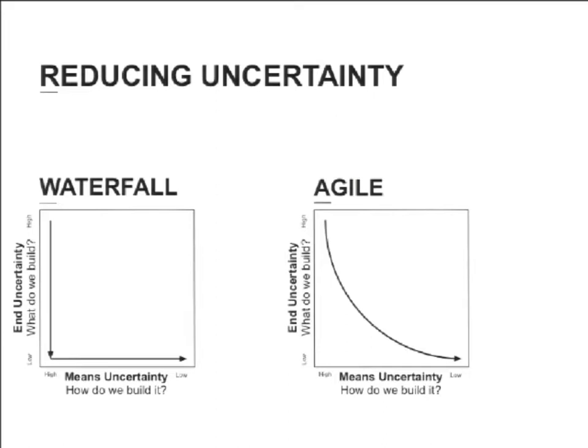In Agile, you try to attack both things at the same time. So you say, okay, we have a rough idea, we've got our vision of what we want to build, but we don't know exactly what it is, but let's just start. So you start in small baby steps, and you just go along. And while you're doing that, you learn about what it is that you want to build and how to do that.